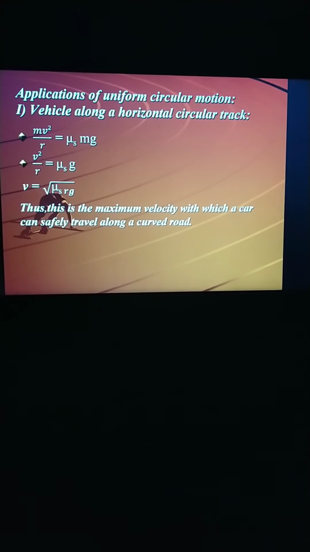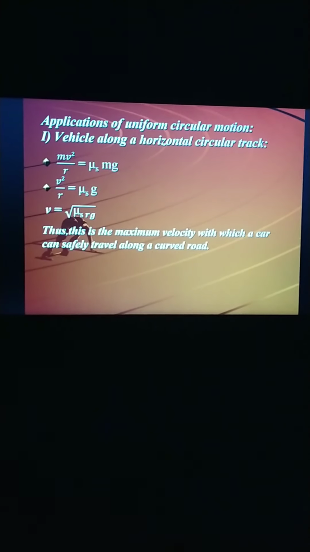Now m cancels on both sides, so next we get v square upon r equal to mu s g. Writing the expression for v, the linear velocity, v equals square root of mu s r g. This is the expression we derived for the maximum safe speed of a vehicle traveling along a horizontal curved road.